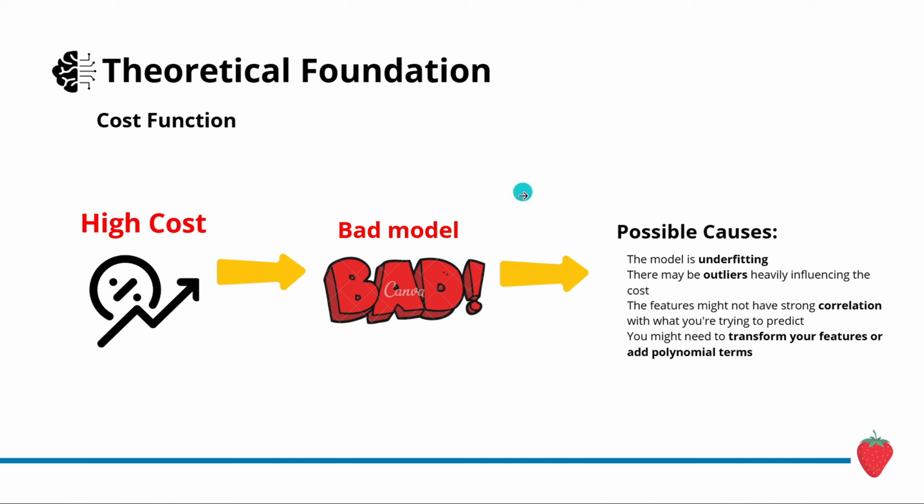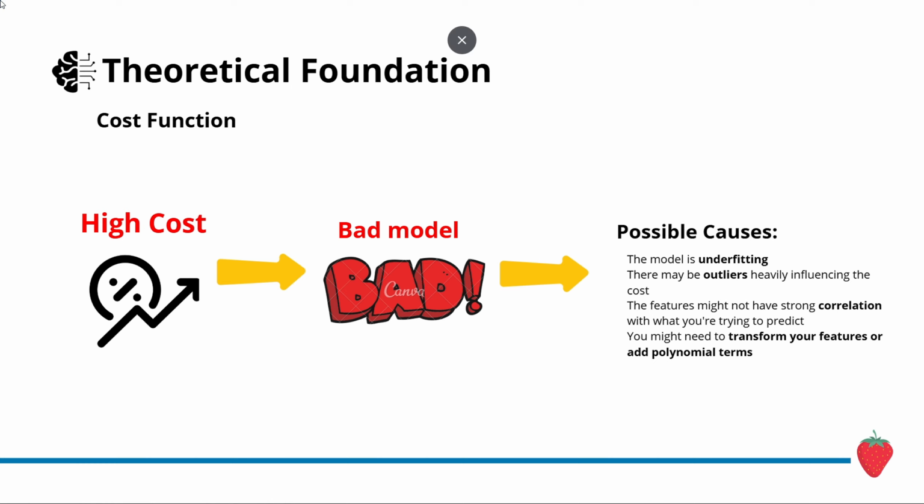If the final cost is really high, that means the model is bad. But here is why. Maybe because it's underfitting, as in it doesn't really understand the relationship between the x and y, like between the temperature and the sales of ice cream. Maybe because there is not much data, but generally it doesn't give a lot.